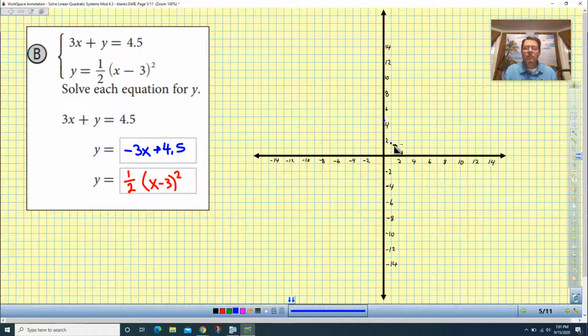Now let's stop before we go any further. It's a negative 3 slope. Is that going downhill from left to right? Yes, it is. So we're doing good. So 1, 2, 3 over 1. Again, in that half spot, 1, 2, 3 over 1.